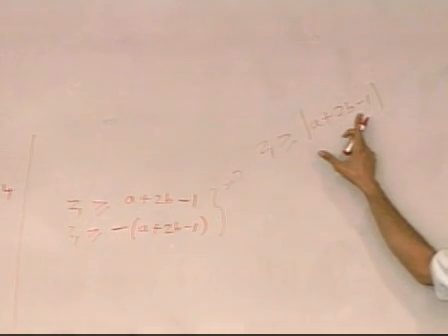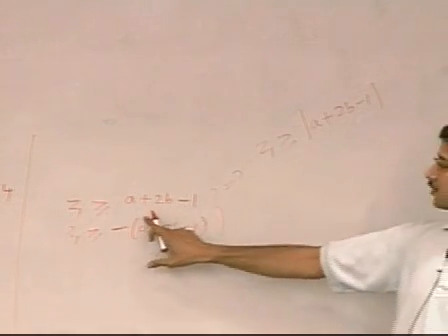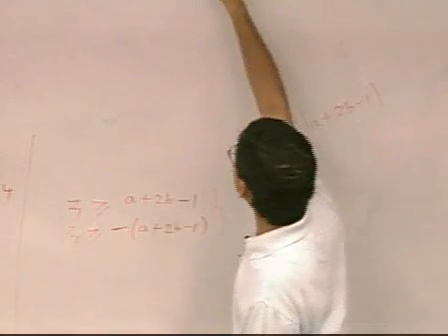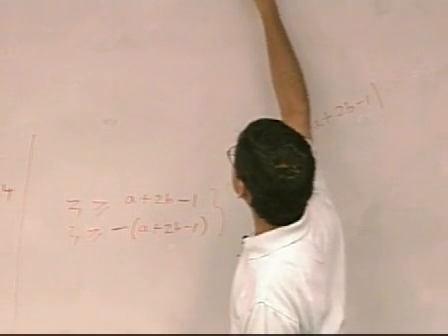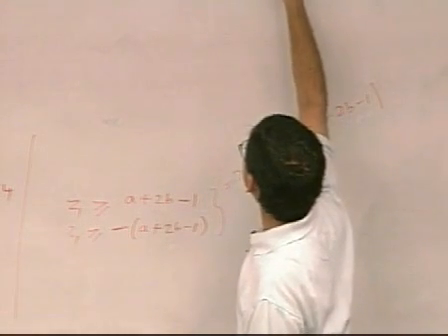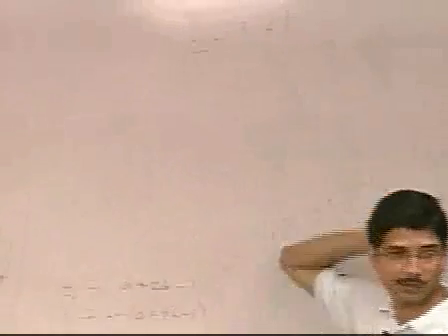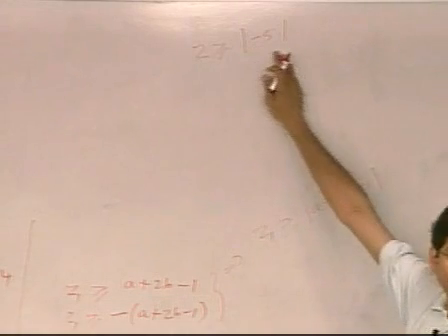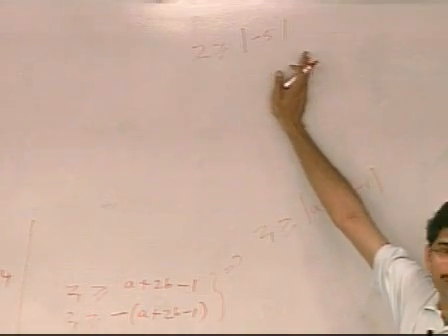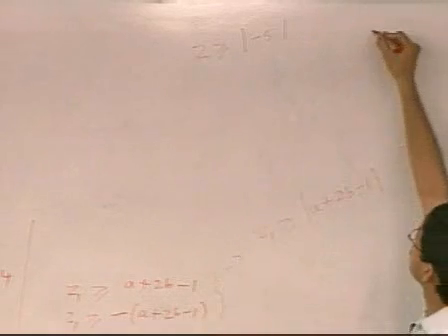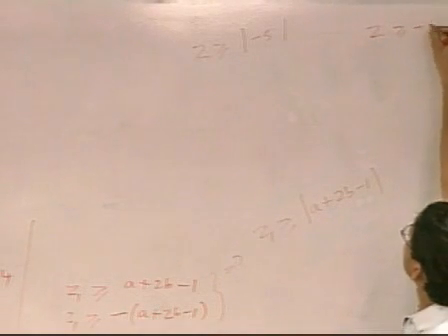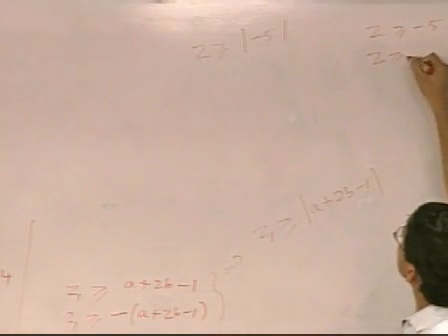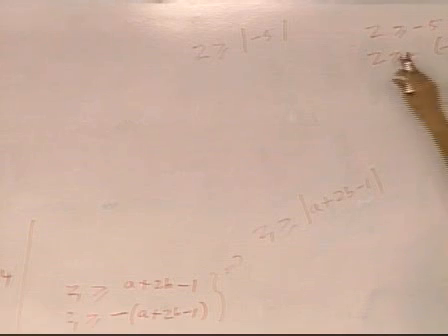So let's think of it this way: I want z to be at least the absolute value of this. So what does that mean? You want z to be at least 5. What I've written here is just saying z is at least minus 5 and z is at least minus of minus 5.